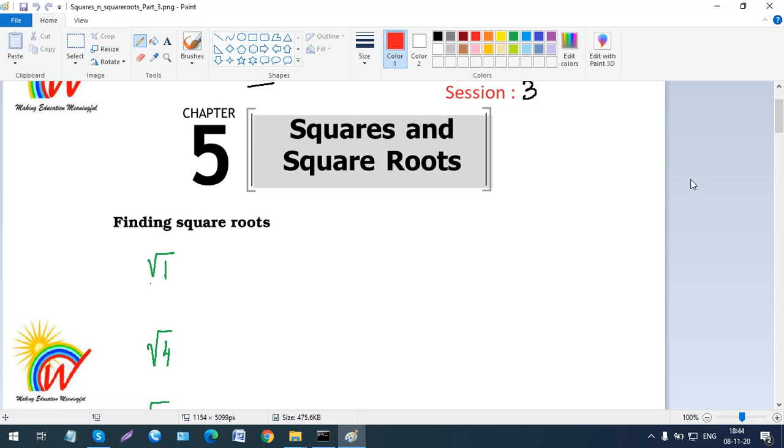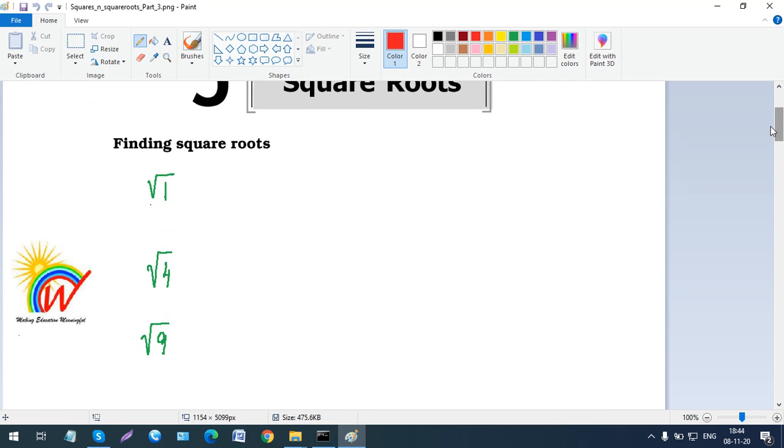First you should understand what they mean by square root. Finding the square of 2, 2 square, gives you 2 into 2, which is 4, correct? Now if I ask you what is the square root of 4, they are asking what number multiplied 2 times gives you 4.